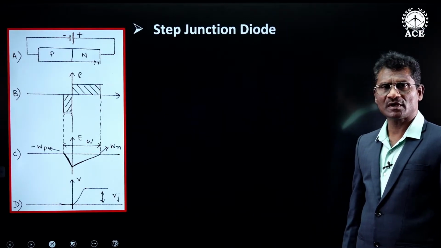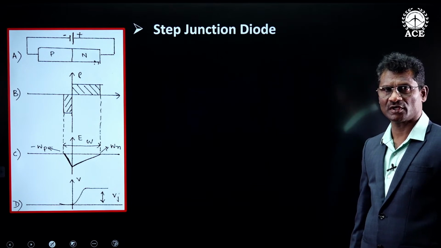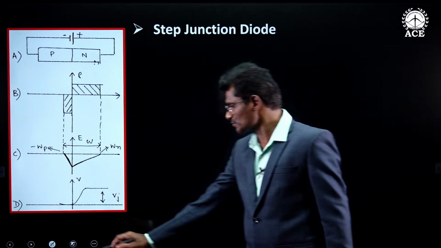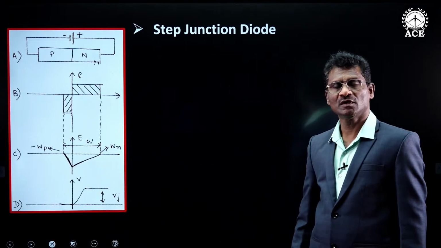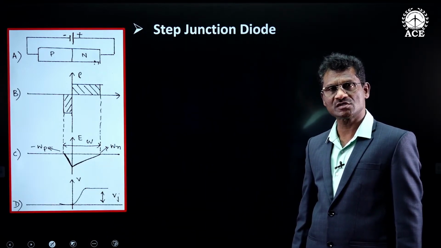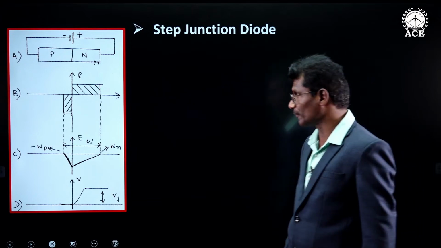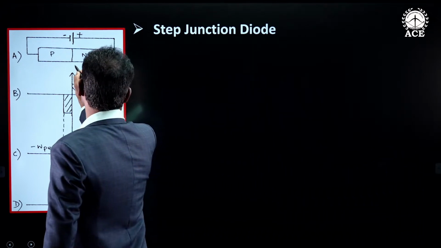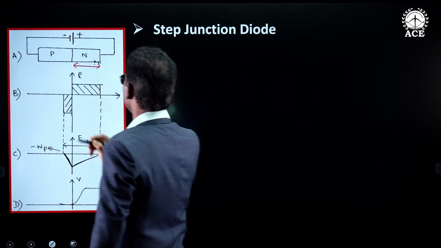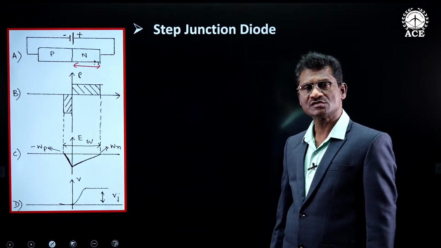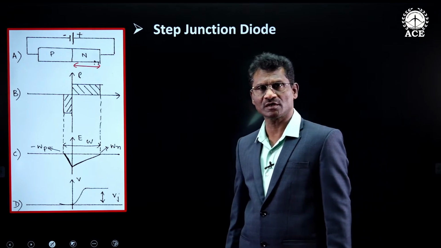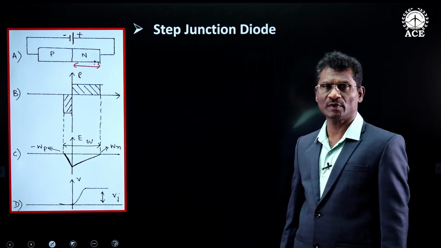I am now considering a step junction diode for explanation purpose. First of all, let us see what is the meaning of step junction diode. In N side, throughout the length, assume same number of donor atoms are added per cubic volume.